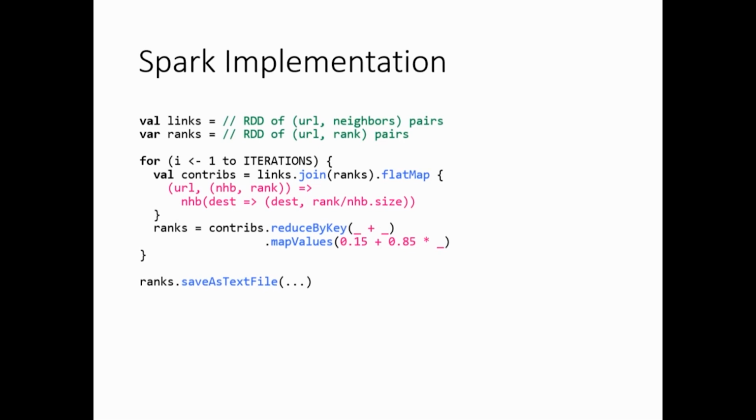You will get the URL, the neighbor, and the rank, okay. And for each of these neighbors, there will be a list of neighbors, of course. So for each of these neighbors, you will have the destination and the score, basically the contribution. So the current rank in the current iteration divided by the neighbor size.